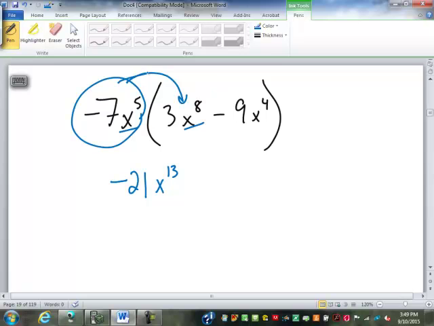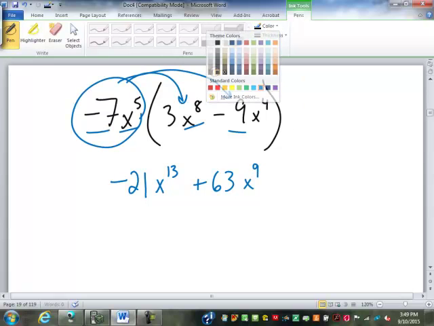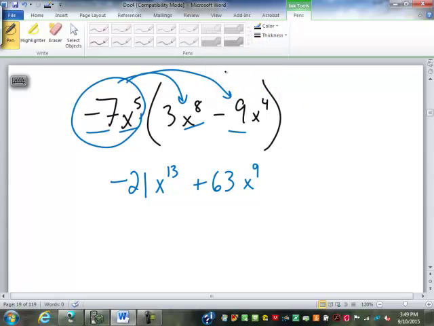Perfect. Negative 7x to the 5th times negative 9x to the 4th. Positive 63. Very good. A negative times a negative is a positive. X to the 5th times x to the 4th, x to the 9th. Perfect. Anybody have any questions on how we got to that? Okay.